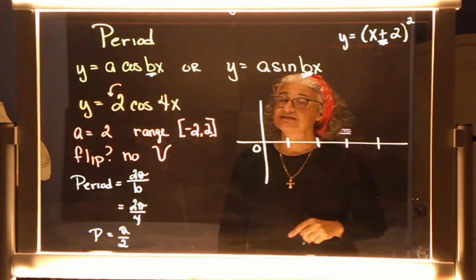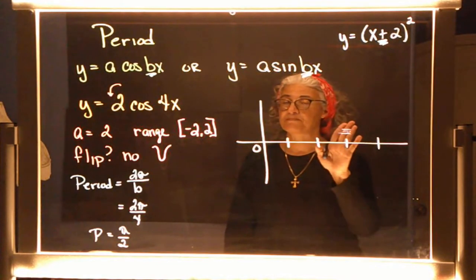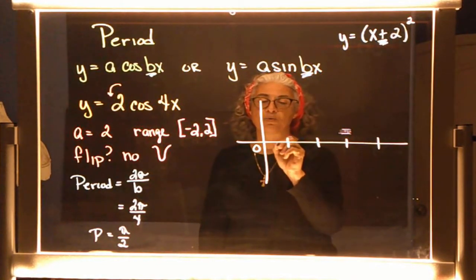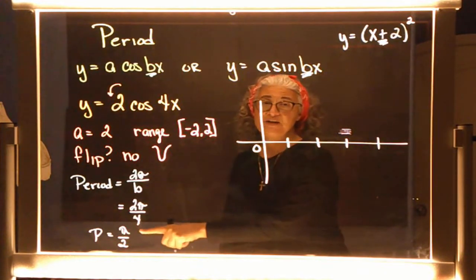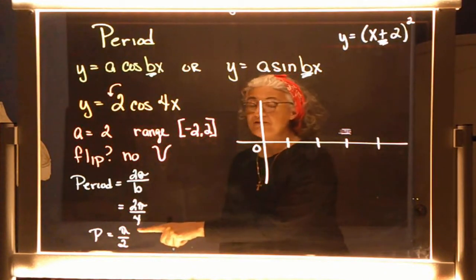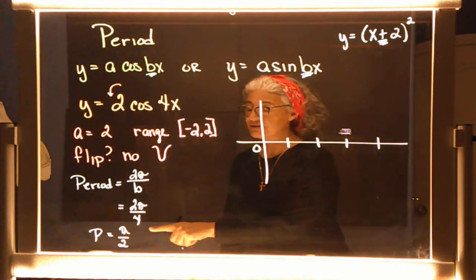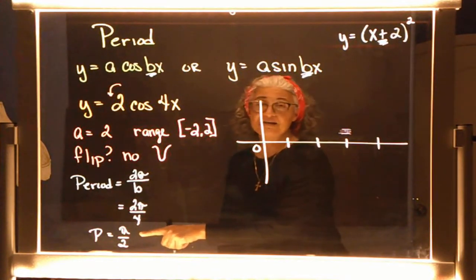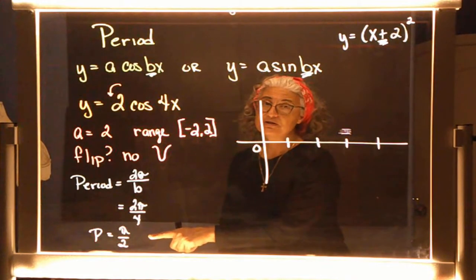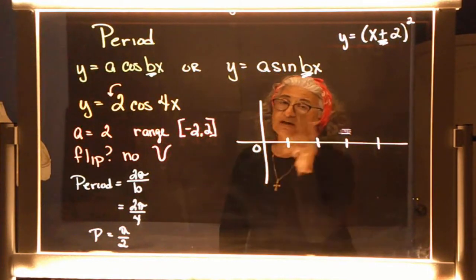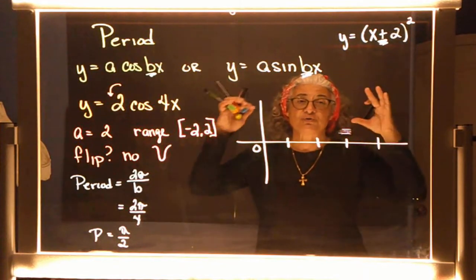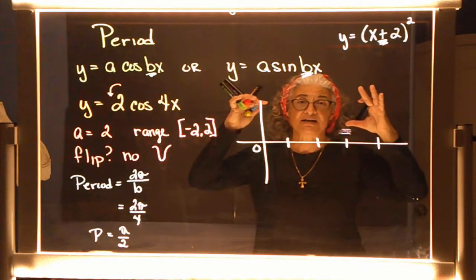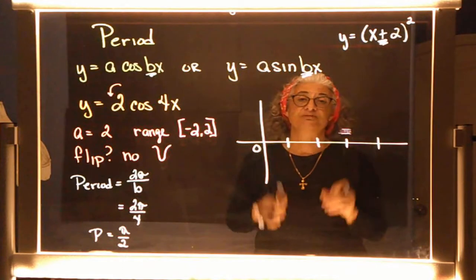Now here's the deal, okay? With these 4 quadrants, according to what you just found, 1 full rotation around the circle is going to be a length of pi over 2. Are you with me? 1 full rotation around the circle is now a length of pi over 2. So the length of 2 pi got shrunk to pi over 2.